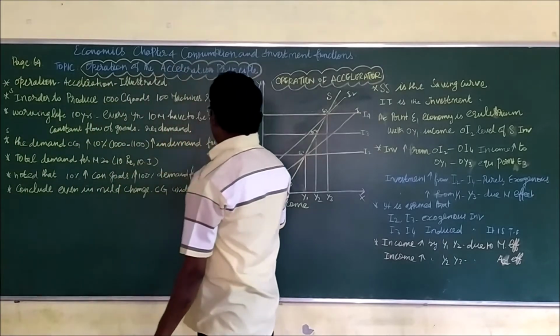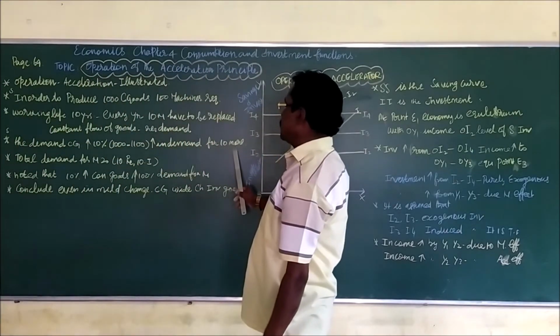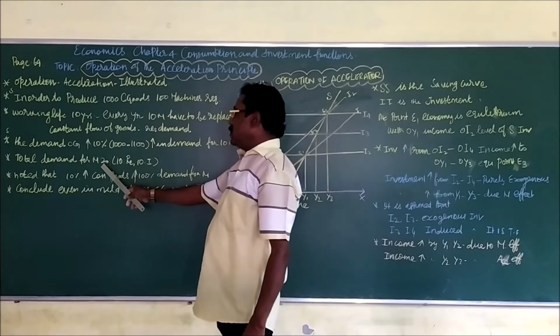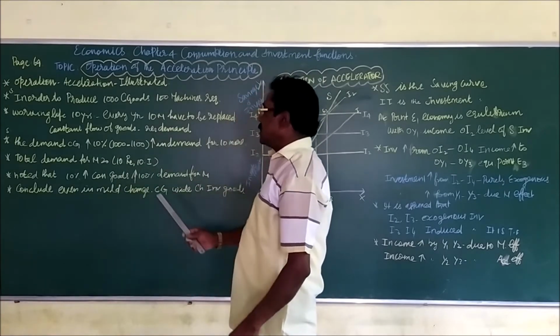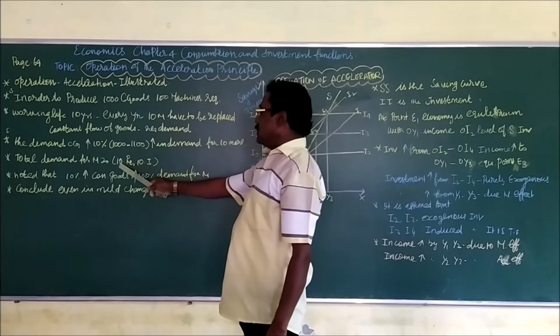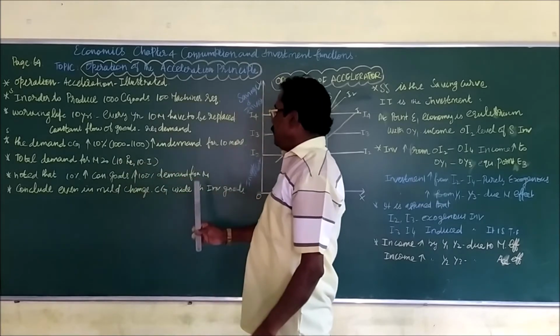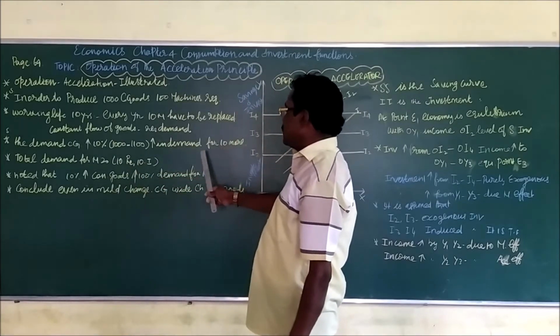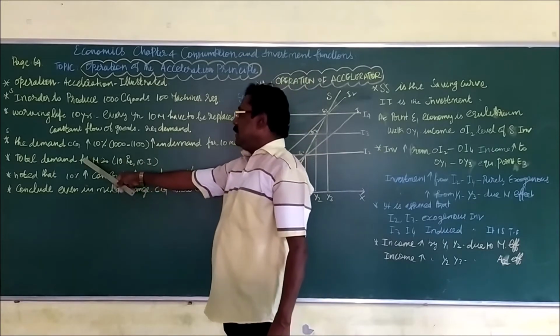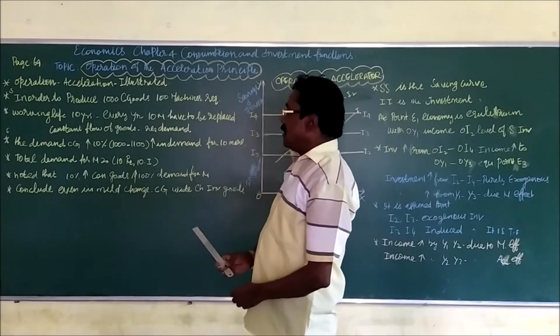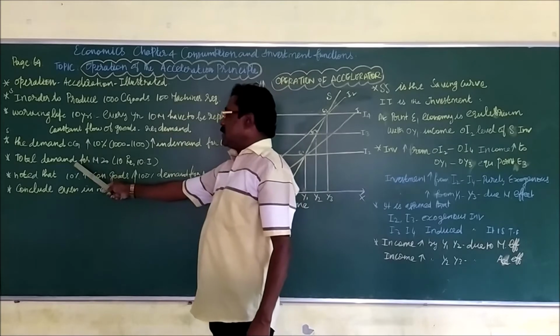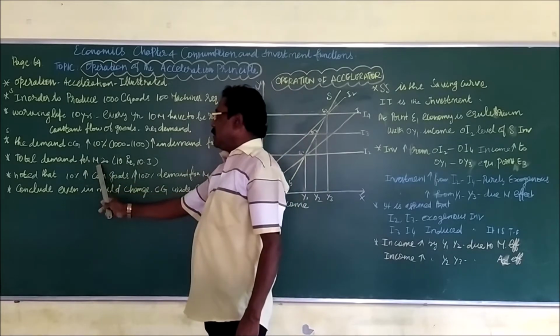The total demand for machinery increased to 20. Every year we replace 10 machines, and we require 10 additional machines to meet the increasing demand. So the total number of machines required now is 20.